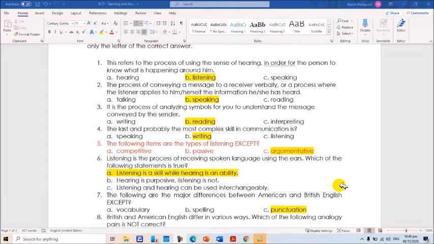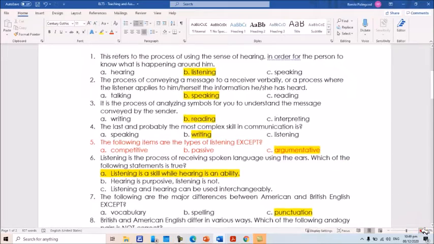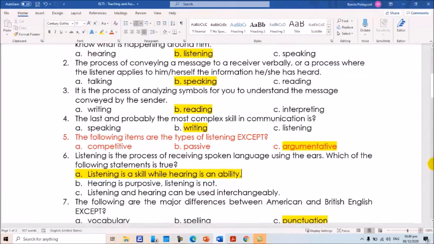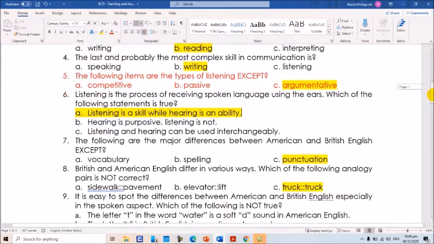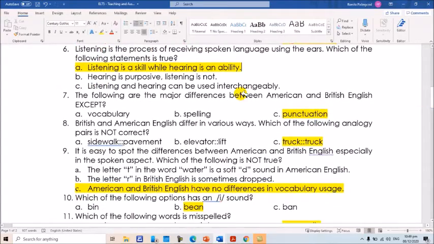Alright, so moving on for question number five. The following items are the types of listening, except the answer is argumentative. Alright, number six. Listening is the process of receiving spoken language using the ears. Which of the following statements is true? So the answer here is letter A. Listening is a skill, while hearing is an ability.